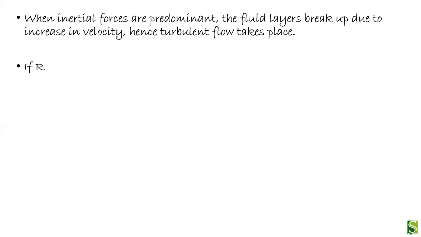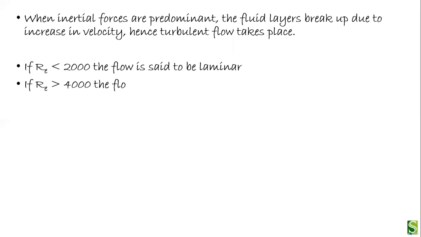Now when inertial forces are predominant, the fluid layers will break up due to increase in velocity, and hence turbulent flow will take place. So if the Reynolds number is less than 2000, the fluid is said to have laminar flow. When the Reynolds number is above 4000, the type of flow is said to be turbulent.